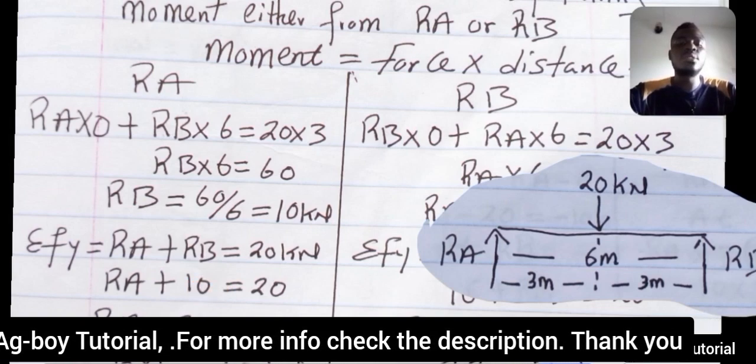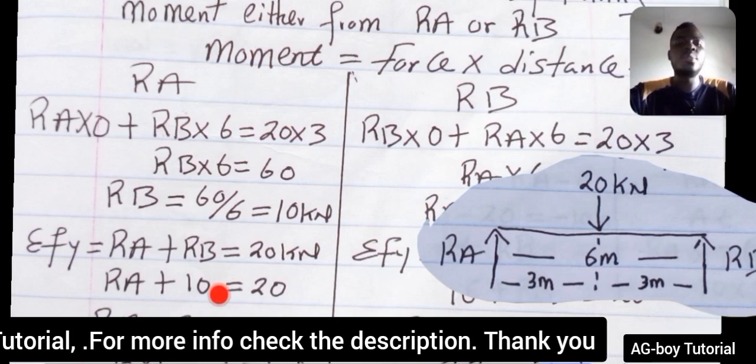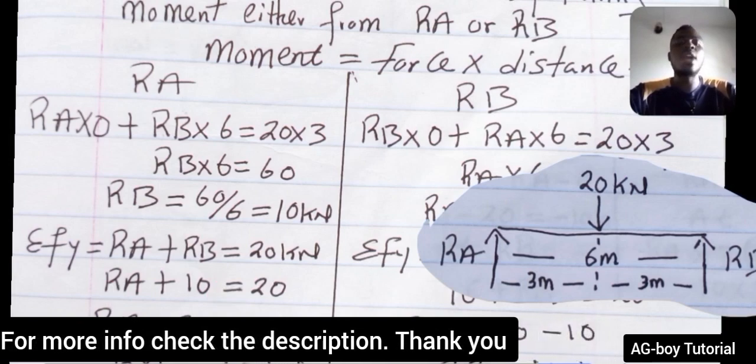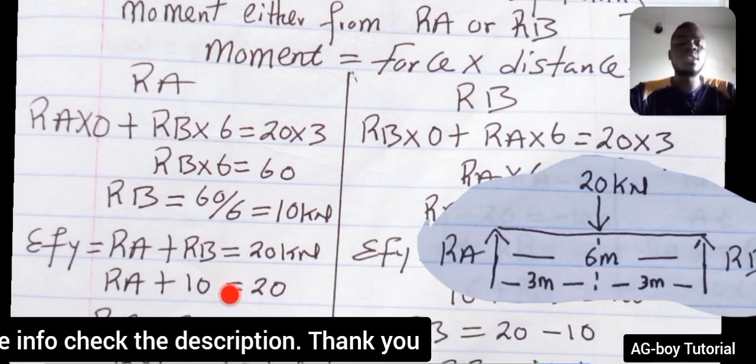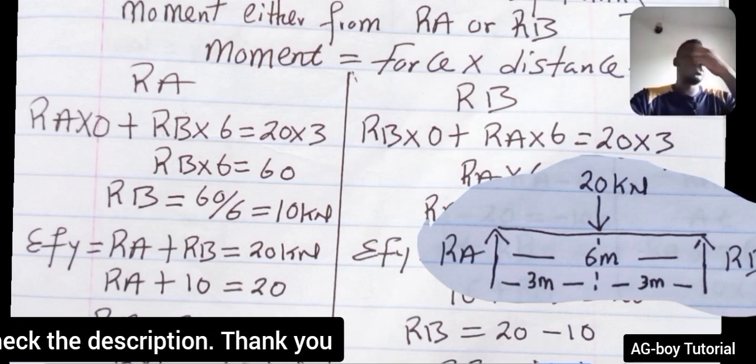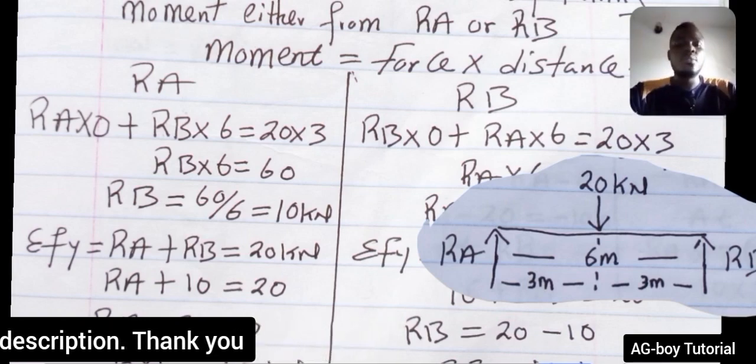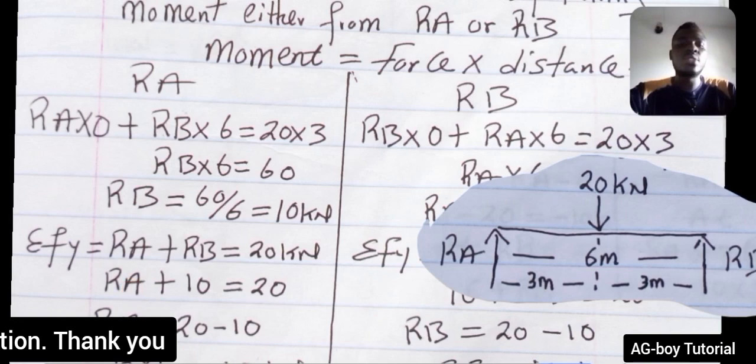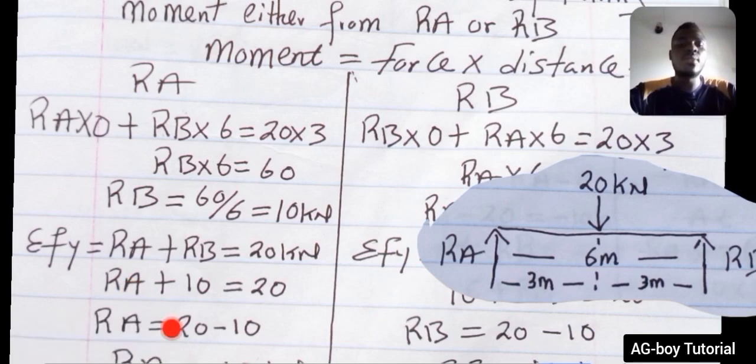Then we now have RA plus 10 equals 20 kilonewton. Then we want to make RA the subject of formula. By making it subject of formula, we have to move our 10 across the equal sign, and once you cross this equal sign, it's going to turn into a negative sign.